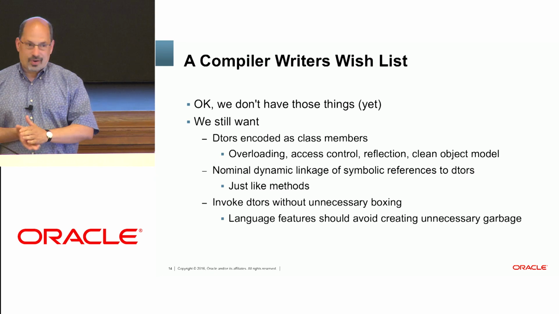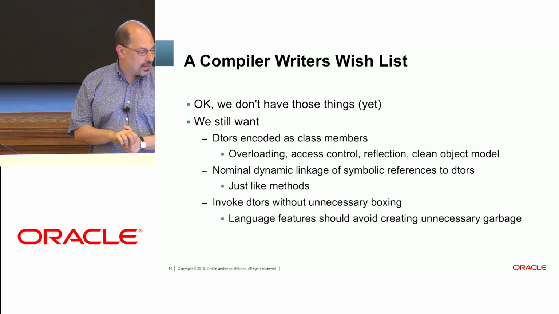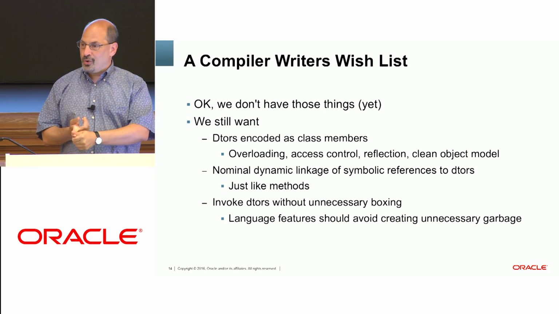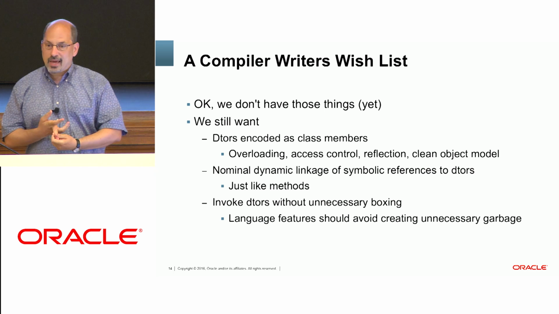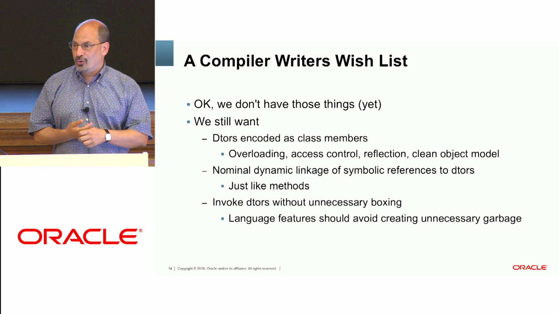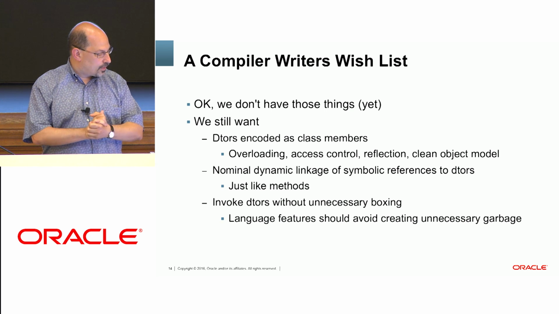So we still want to make some progress, so let's write out some requirements and see if we can figure out how to do this. We want to be able to encode our deconstructors as class members so that we get all the things you get from class members: overloading, access control, reflective access, a clean object model, et cetera.